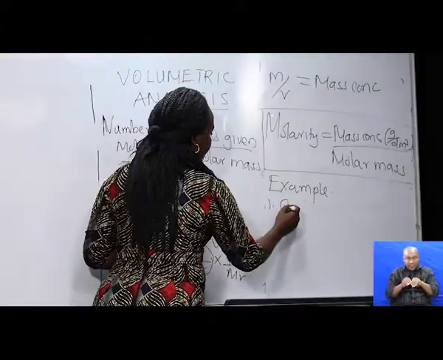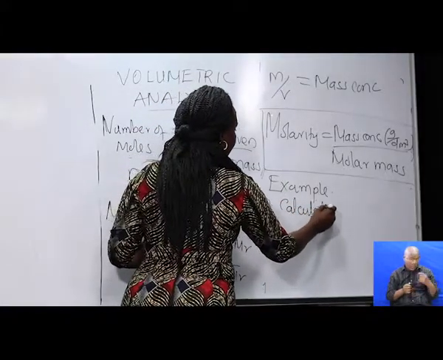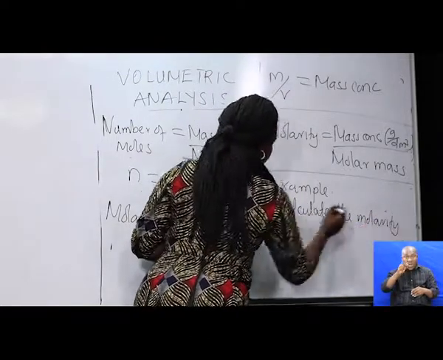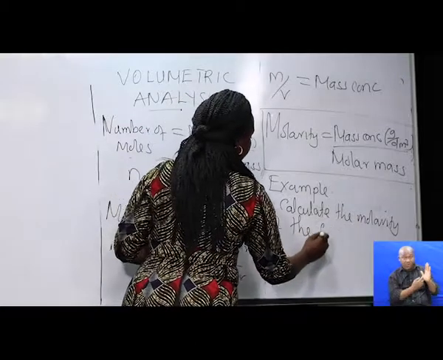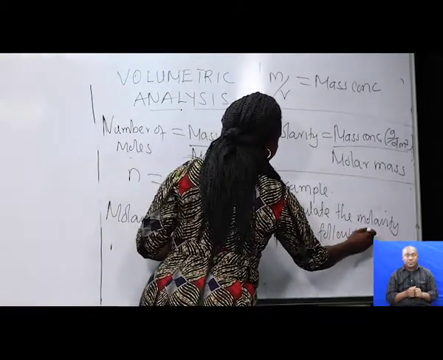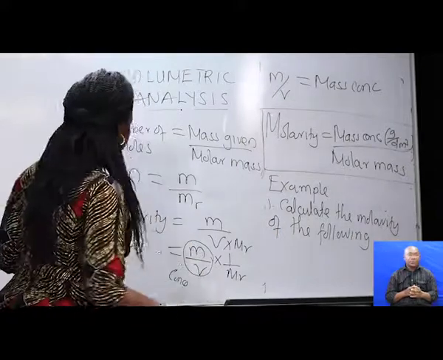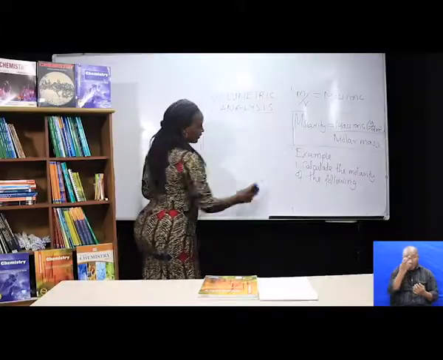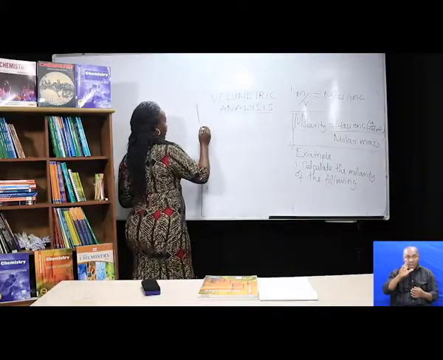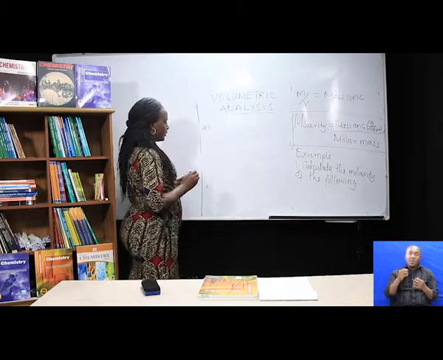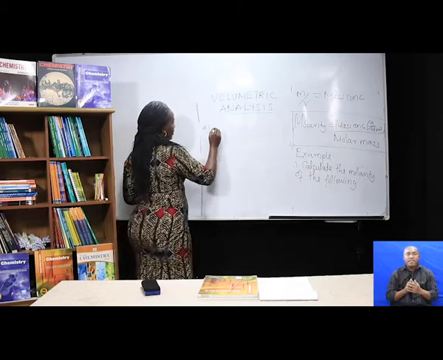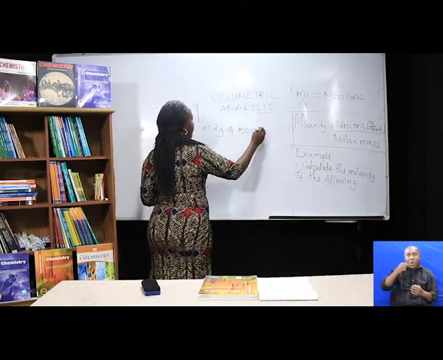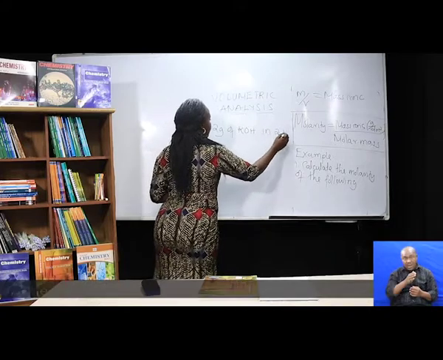Number 1, A: 2 grams of potassium hydroxide in 2 liters.